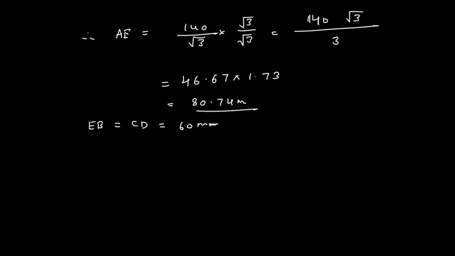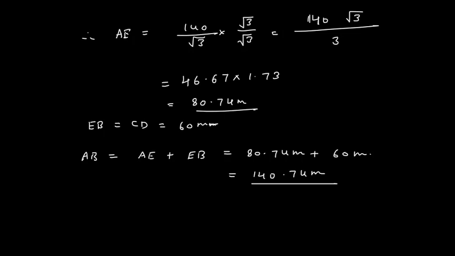So therefore your height AB is equal to AE plus EB. So AE is 80.74 meter plus EB is 60 meter. So this gives me 140.74 meter.